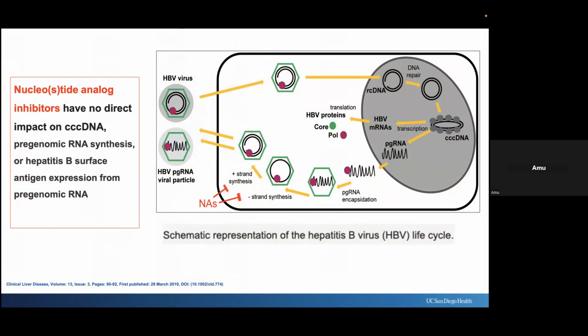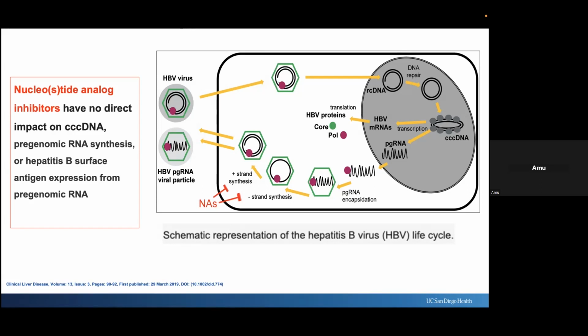The hepatitis B life cycle is unique in that its DNA, which is relaxed circular partially double-stranded DNA or rcDNA, gets converted in the nucleus to a stable mini chromosome called covalently closed circular DNA or cccDNA. And cccDNA usually persists throughout the lifespan of a hepatocyte and provides a sort of permanent template for hepatitis B RNAs, including pregenomic RNA, which can be used for further replication, and mRNA for viral protein synthesis, including for the hepatitis B surface antigen.